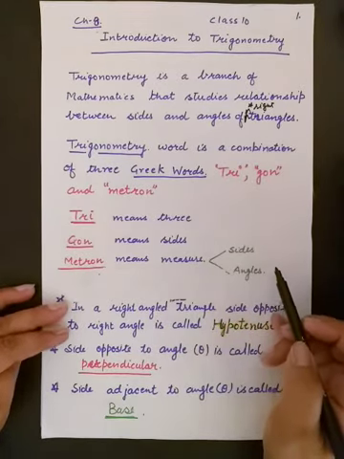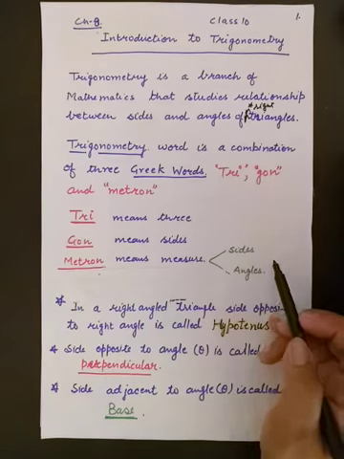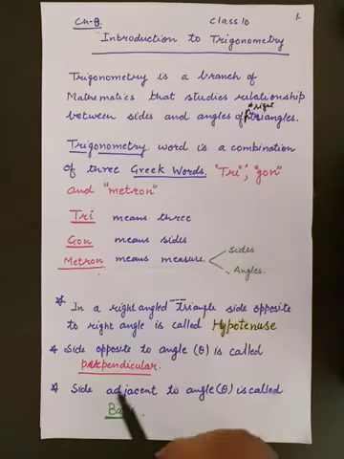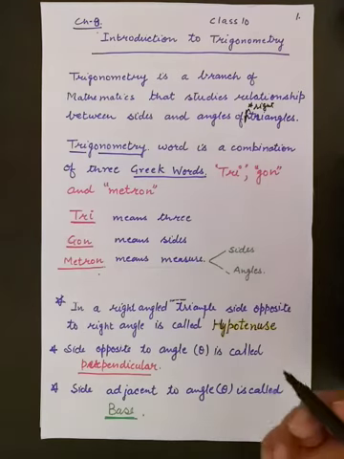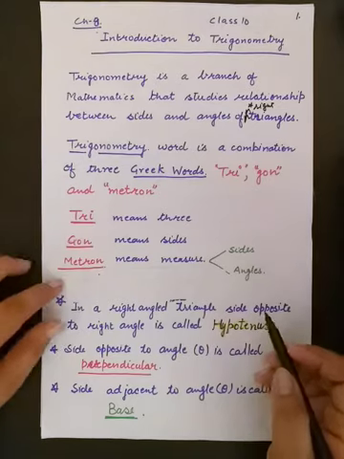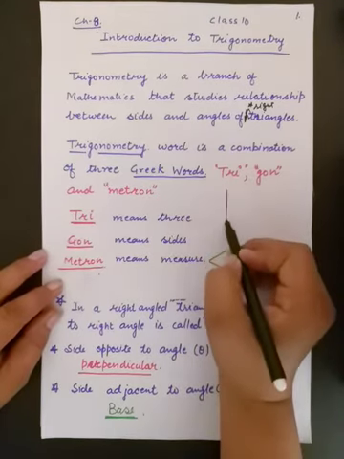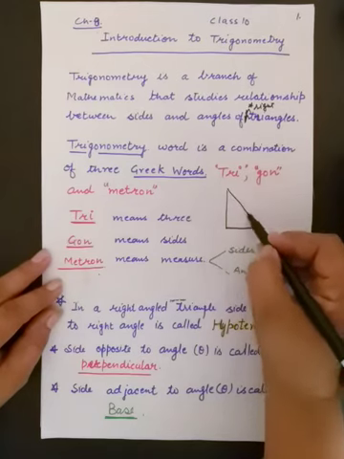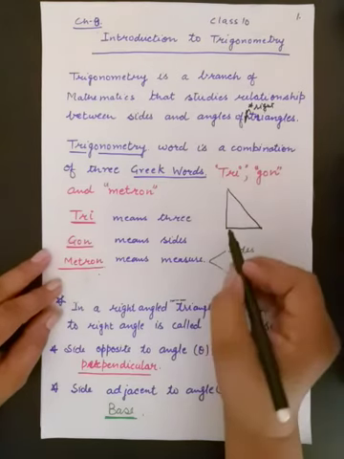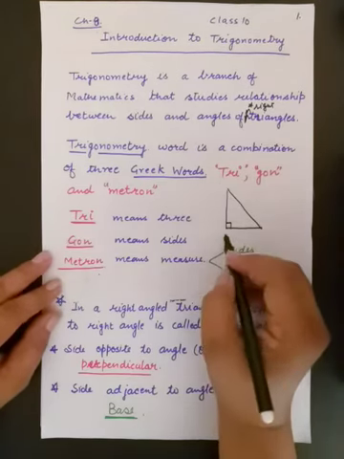As we all know, any triangle has sides and angles. So trigonometry depends on the three sides of a right angle triangle for an acute angle theta. Here this one triangle is a right angle triangle.